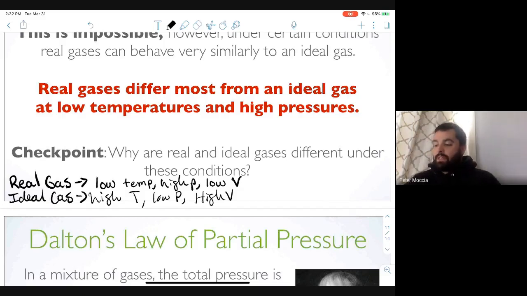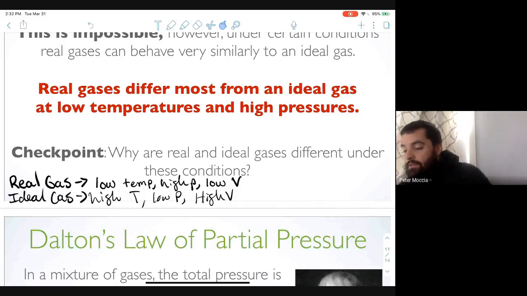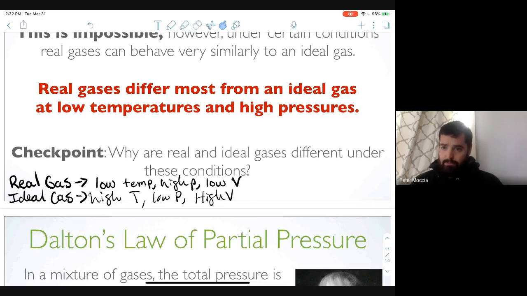So when we think about some of the assumptions that we have to make with kinetic molecular theory, one of them is that they don't affect each other's motion. Now, when are they more likely to affect each other's motion? When they're moving really slowly, or when they're moving really fast past each other.